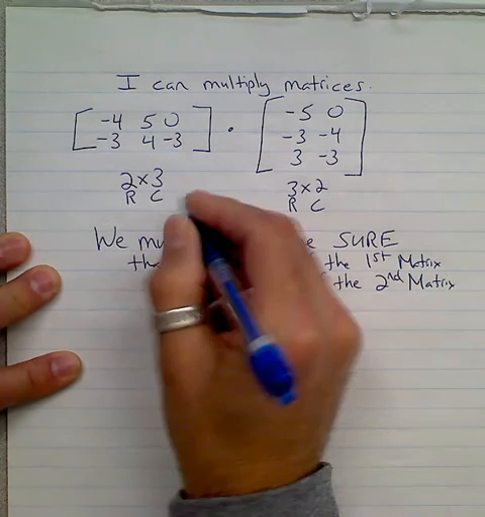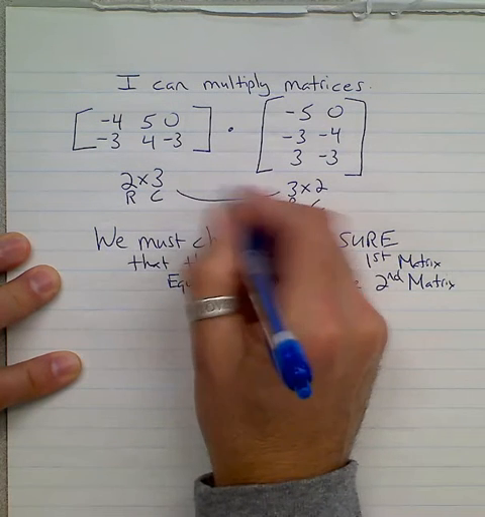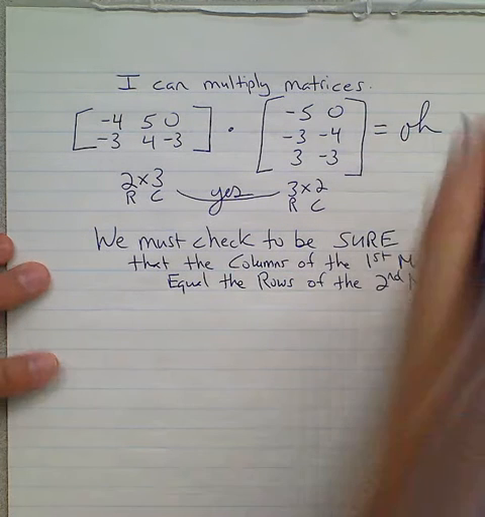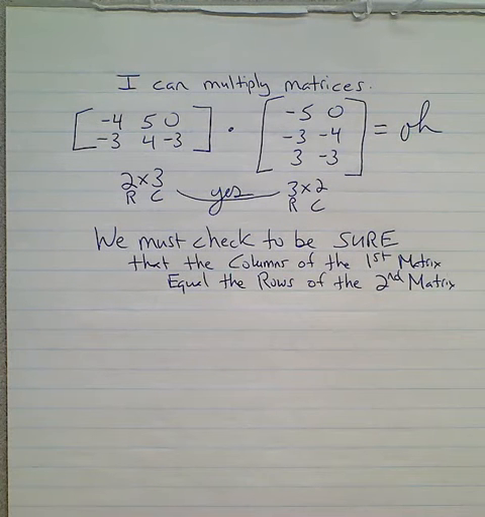In this case, they are equal, so we can say yes, and it's okay to go ahead and multiply those two matrices.